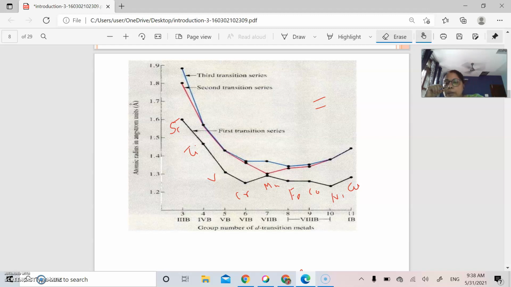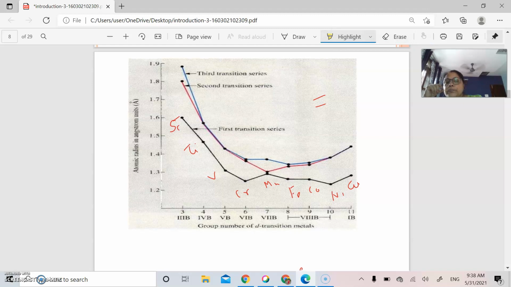In scandium we have only one d electron, and scandium is 21 compared to 19 in potassium and 20 in calcium. So only one electron, but still that electron can be neglected.